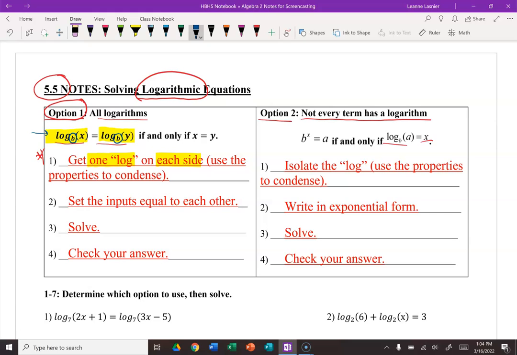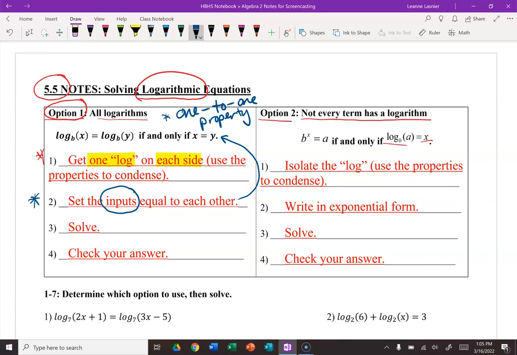Then what we're going to do next is set the inputs equal to each other. This statement is also known as the one-to-one property. What this property is saying, and this is true for functions that are said to be one-to-one, and logarithmic functions are one-to-one, and we're going to learn more about that in our next unit. But for right now, all you have to know is that they follow this property.